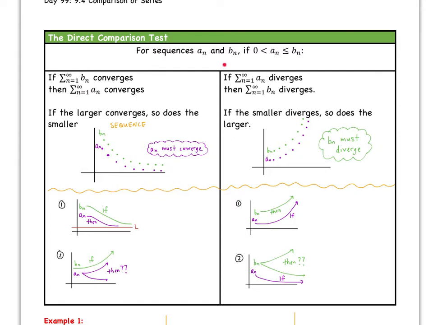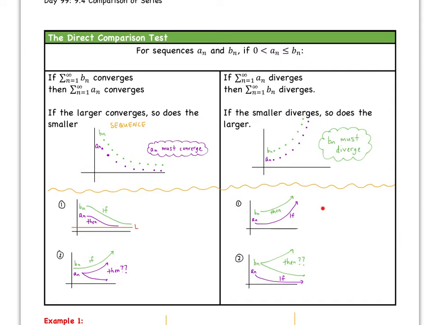Now, in reverse, if the series for a sub n diverges, meaning the smaller one diverges, then the bigger one will also diverge. So if the smaller diverges, so does the larger one. In terms of the sequence, if a sub n diverges, then the bigger one also has to diverge because it's always bigger.